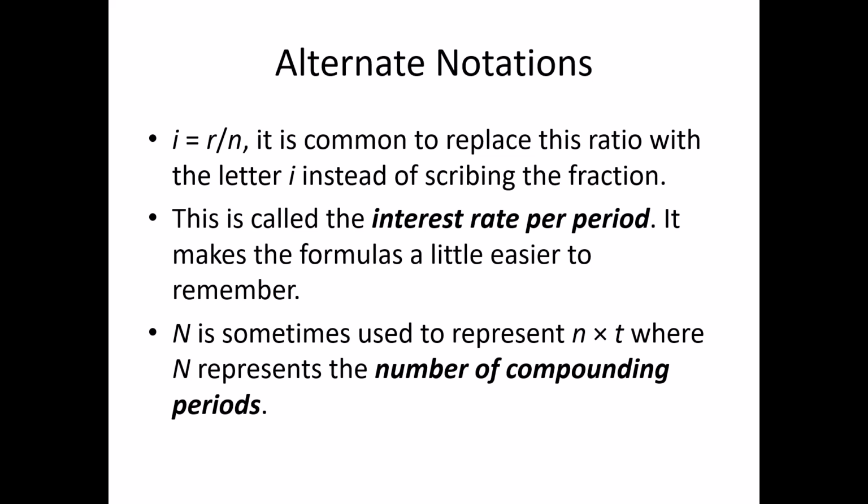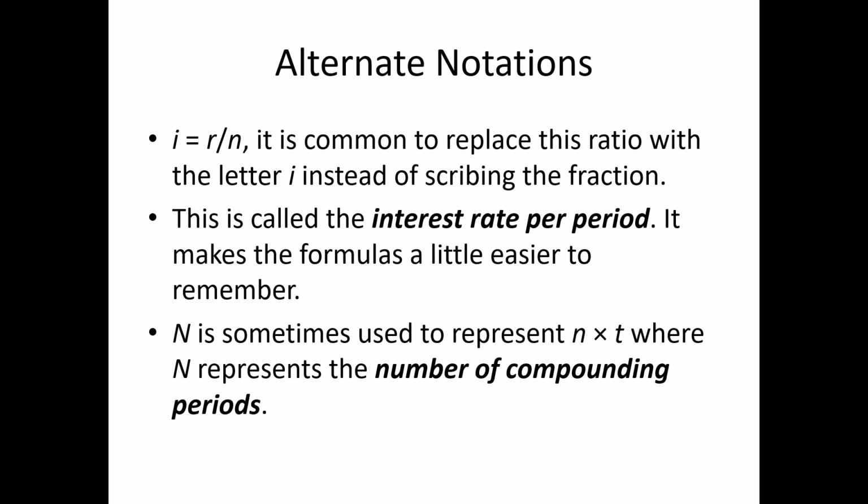Now, you might come across some alternate notations as you do searches for these formulas in other resources. If you see the little i, this is normally r over n, and it's common to replace this ratio with the letter i instead of writing fractions. One thing that happens in finance fields is that they try to keep their formulas looking very, very simple.